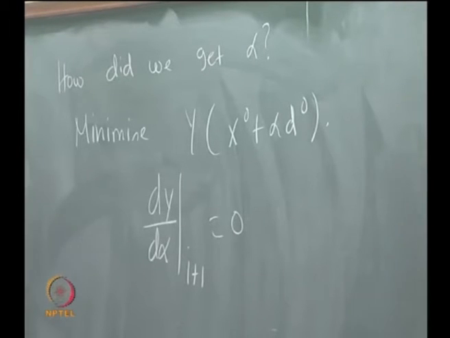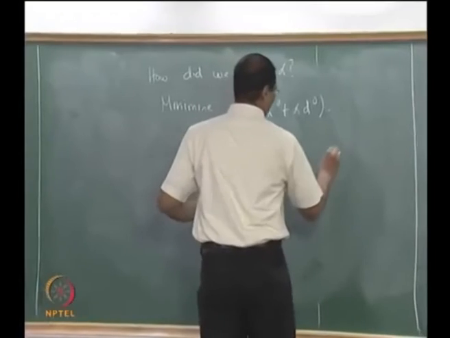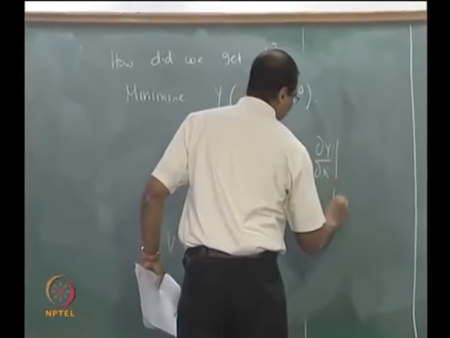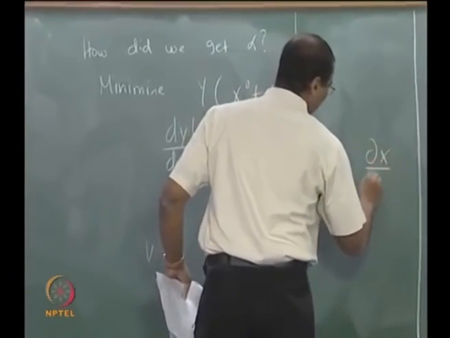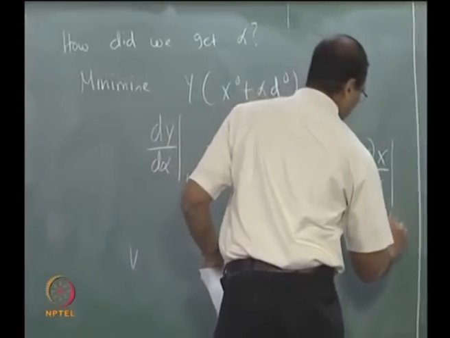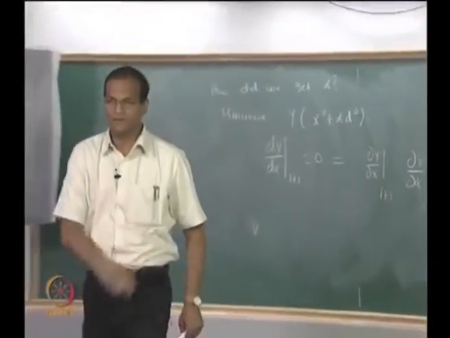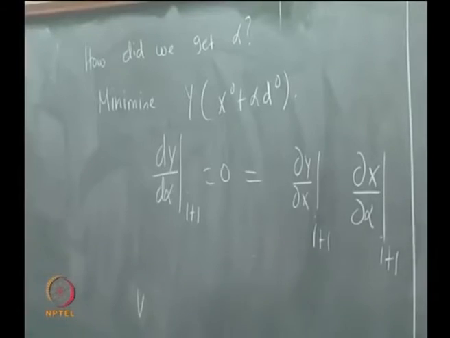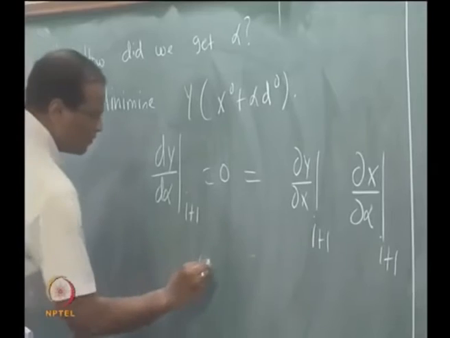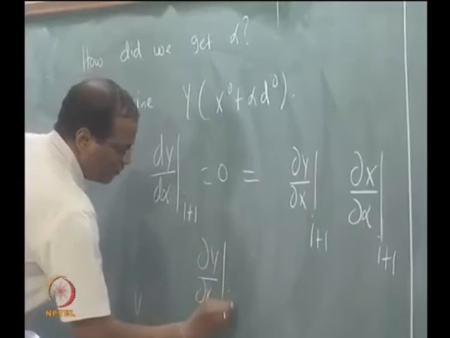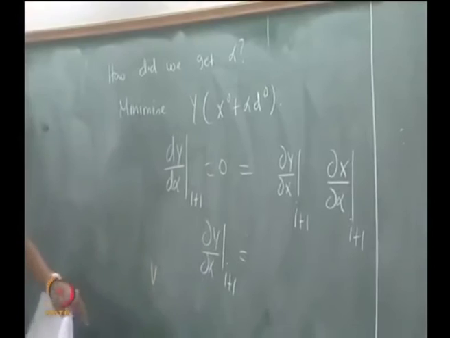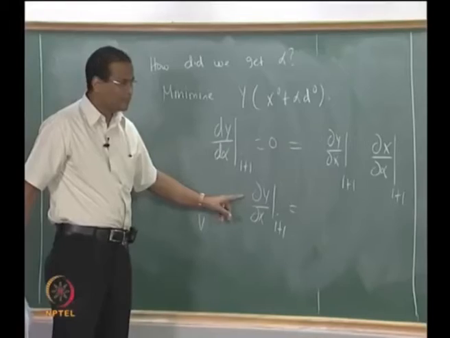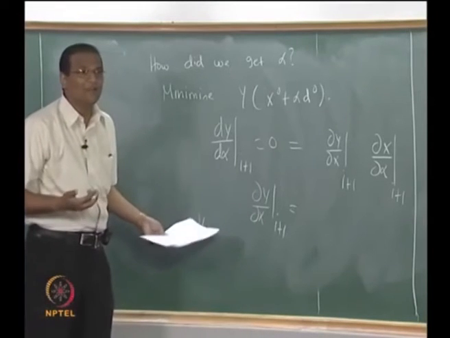Agreed. So this is dou y by dou X into dou X by dou alpha. This X is the capital X, correct. What is dou y by dou X at I plus 1? C at which iteration?